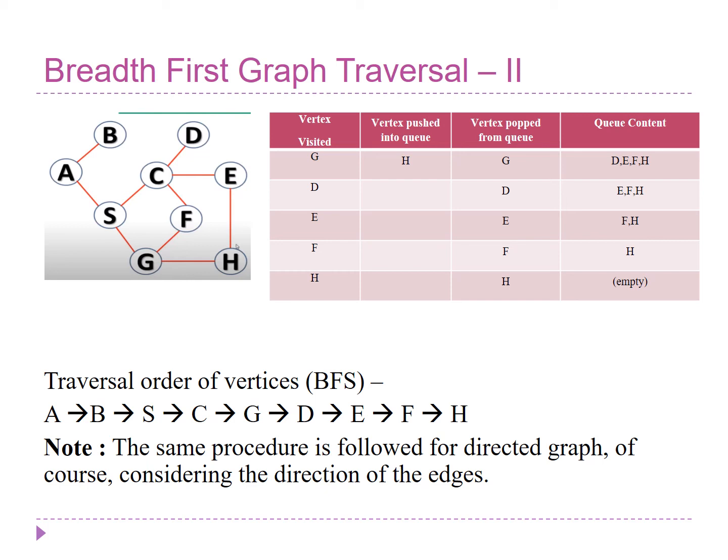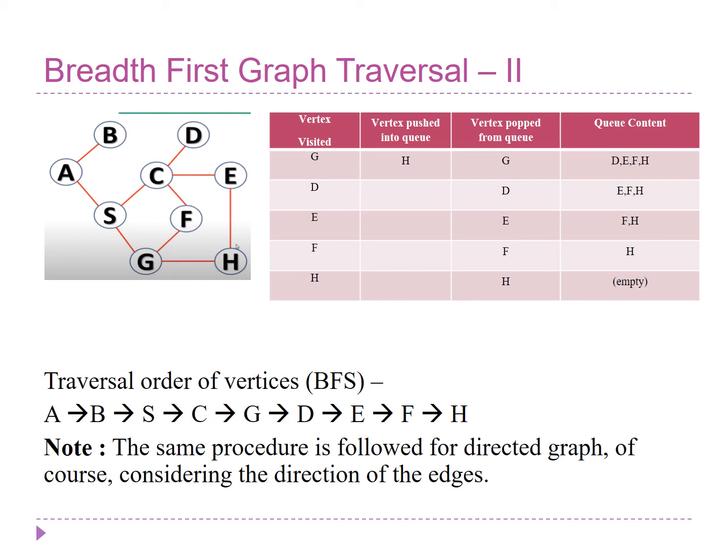Now D is at the front of the queue, but it has no unvisited vertex connected to it. D is marked as visited and it is popped from the queue. Similarly, E, F, and H. Now the queue is empty and all the vertices are visited.